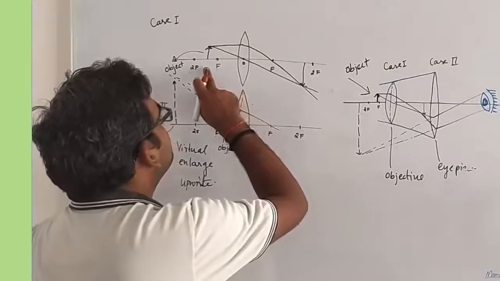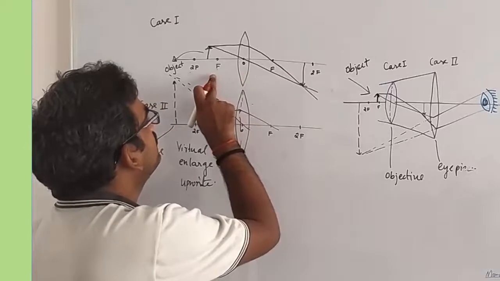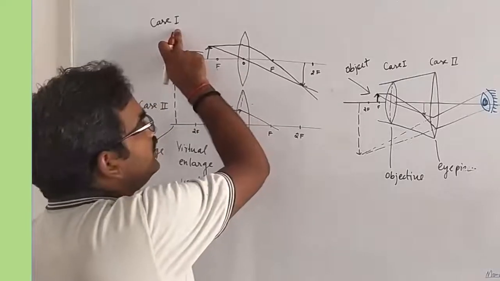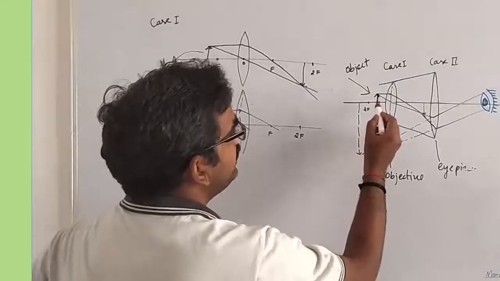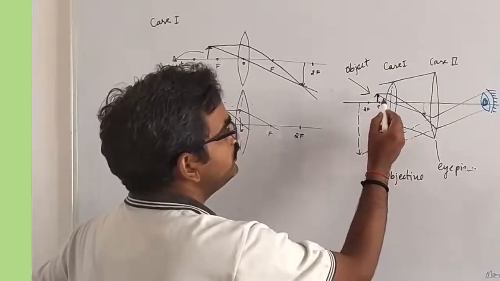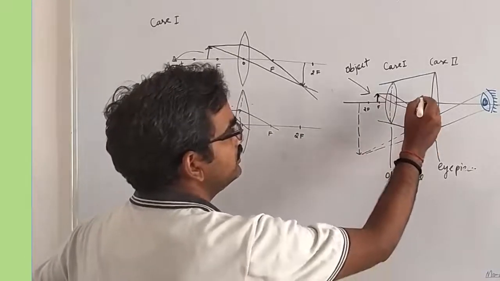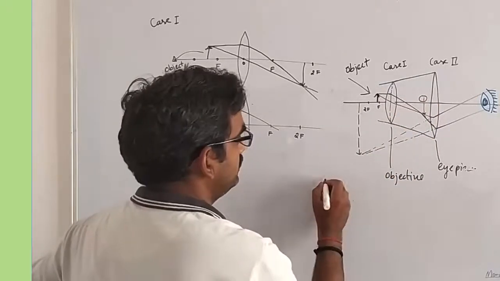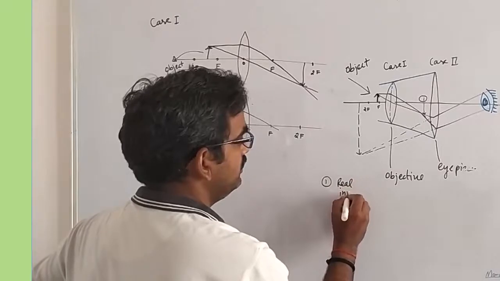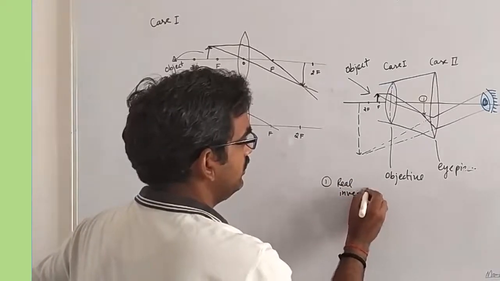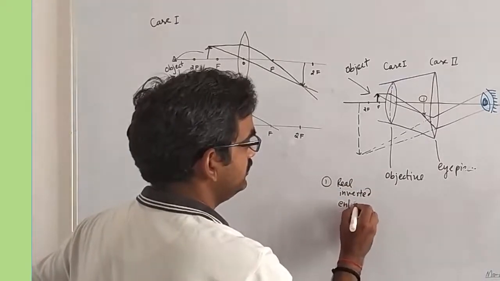So let us see what Zacharias Janssen got. He placed the object as in case 1, between f and 2f. This is the first condition. So he got a real, inverted and enlarged image.